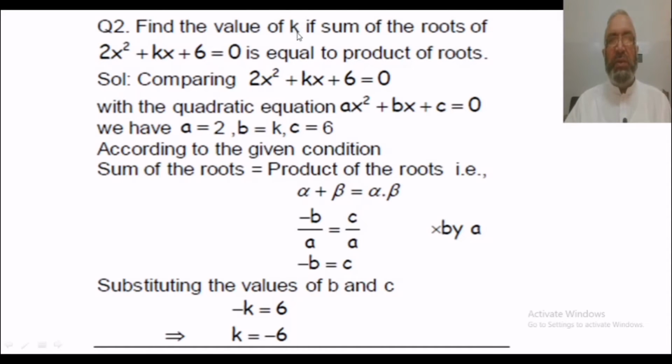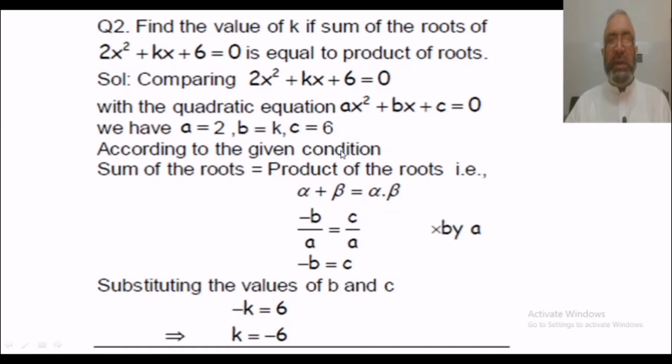By using the two results, comparing this given quadratic equation with the standard form of quadratic equation, we get a is equal to 2, b is equal to k and c is equal to 6. Now we have the values of a, b and c, three constants.